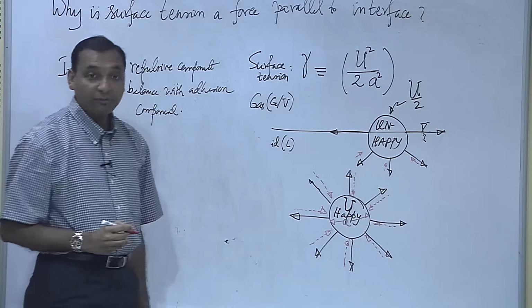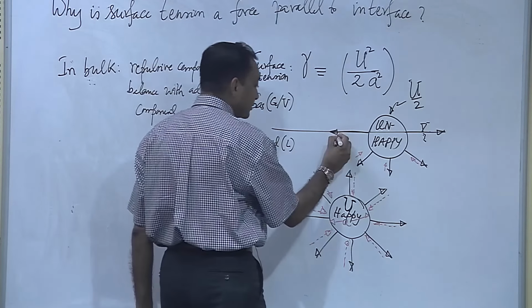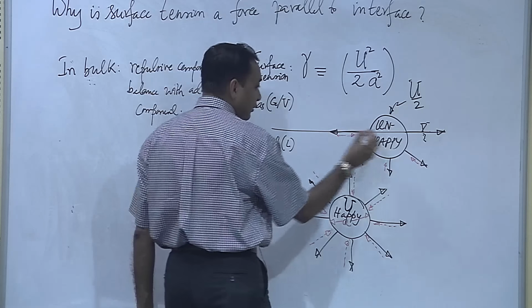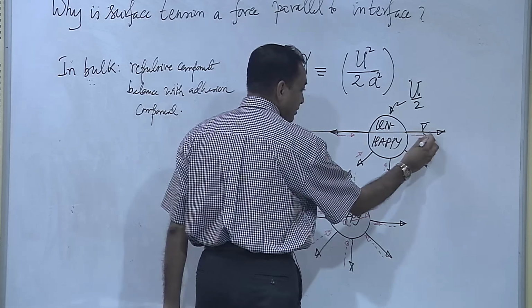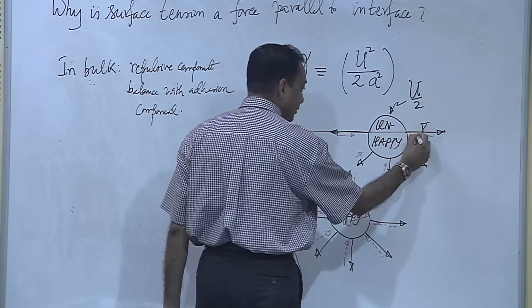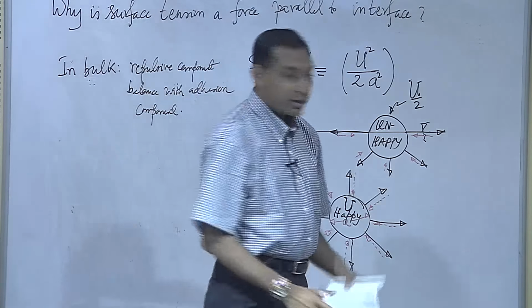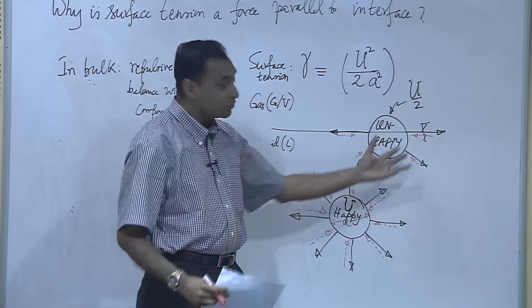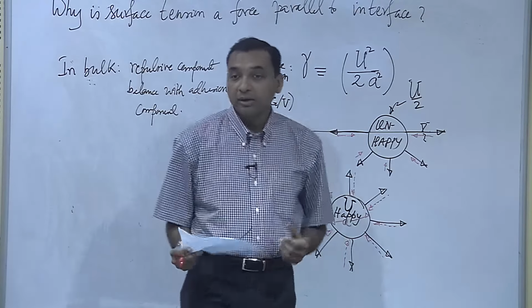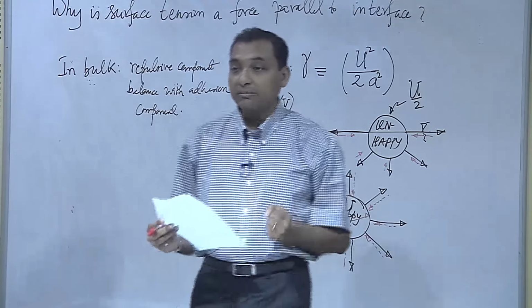So, at the interface, the repulsive component along this may fairly balance out, but within the molecule they don't need to be of the same magnitude.